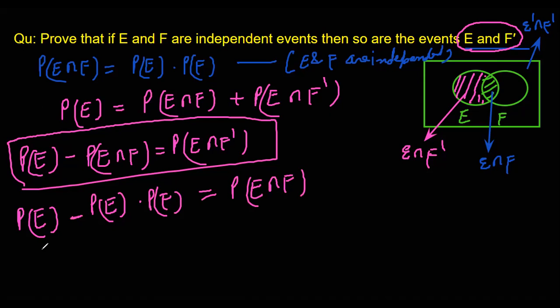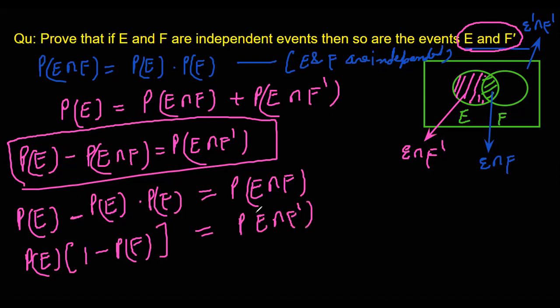Now if we take PE common there, what do we get? We get PE into 1 minus PF. And we know from our earlier discussion that 1 minus PF will be PF complement. So this is PE intersection F complement, the same as PE into PF complement.